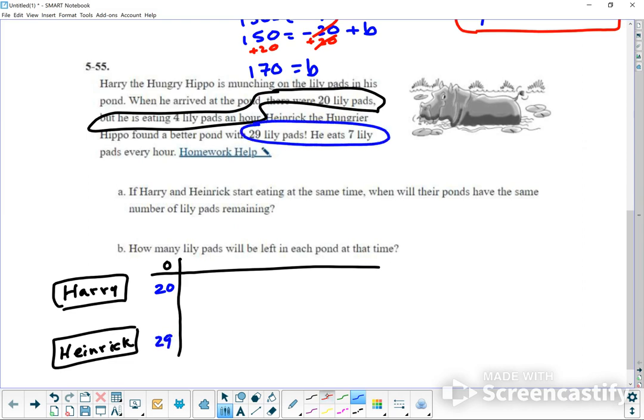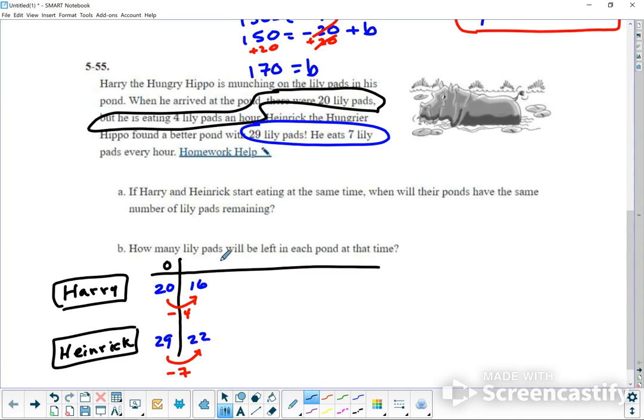So the pattern for Heinrich is he eats 7, so he's going to take away 7. And the pattern for Harry is he eats 4, so he's going to take away 4. We're going to continue that pattern. So 20 take away 4 is 16. That's after 1 hour. 29 take away 7 is 22.